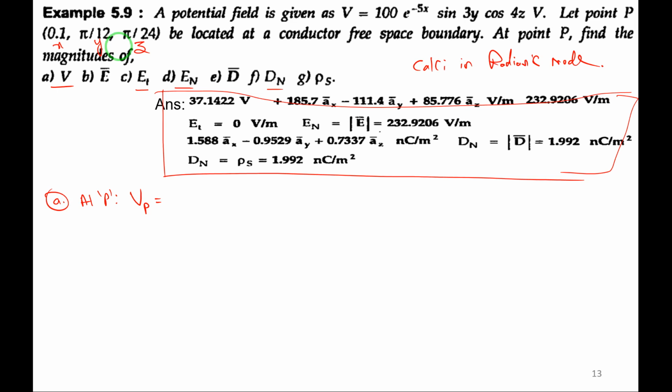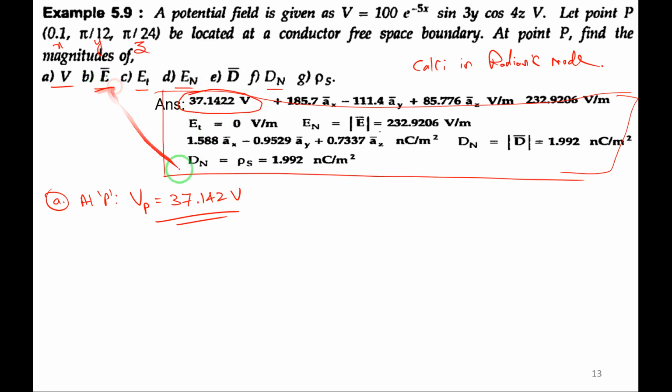So I am getting it as 37.1422 volts, right? So the first one is over.